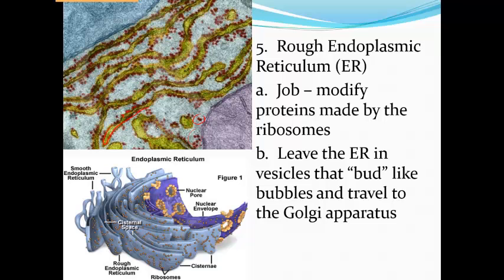And so on the rough ER here, you might see a vesicle forming that has the proteins inside of it. And then that vesicle will bud off and travel through the cytoplasm to another organelle that we'll look at on the next slide called the Golgi apparatus. And so we could kind of map out where proteins travel. Proteins are made on the ribosome. From there they move into the rough ER to be modified, and from the rough ER they move to the Golgi apparatus.